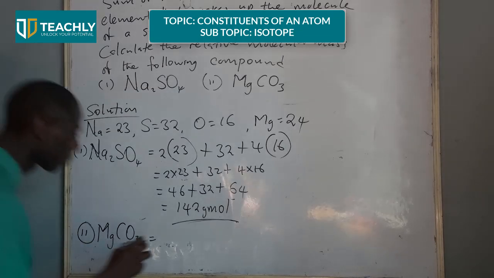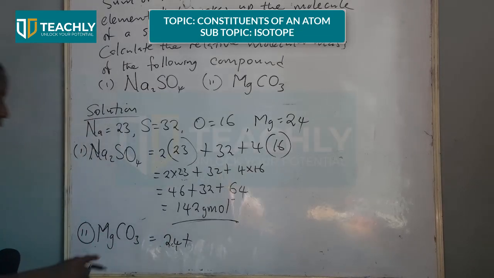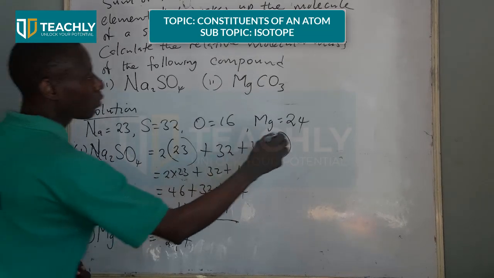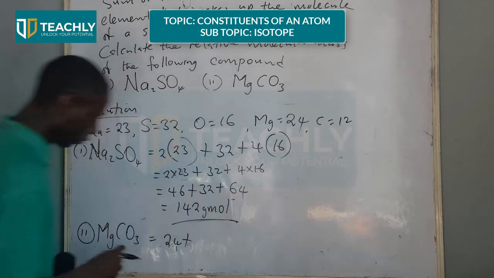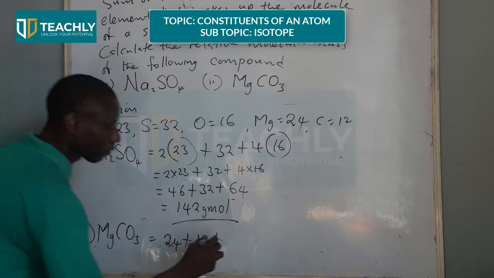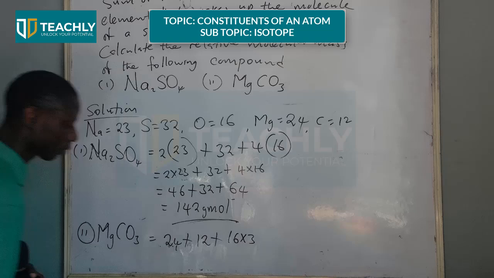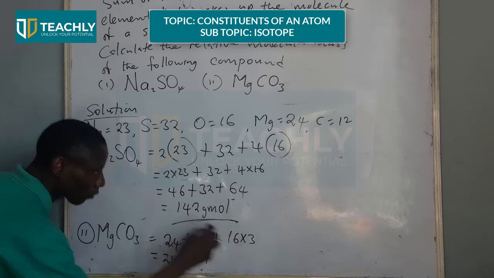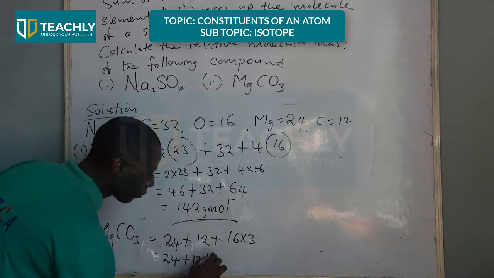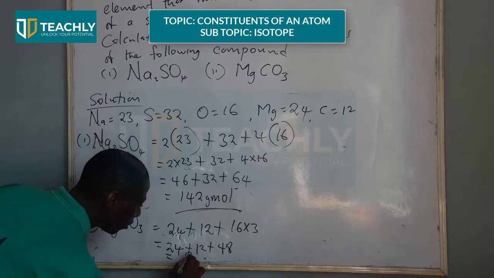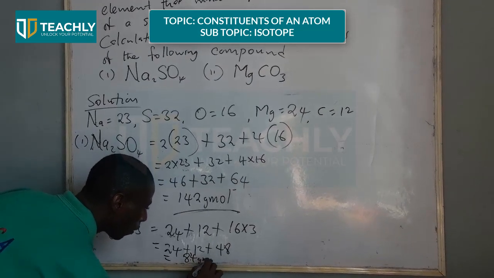So it's going to be 24 plus carbon, which is 12, plus oxygen, which is 16 multiplied by 3, that is 48. So we have 12 plus 48, that is 60. 60 plus 24, that is 84. Our final answer will be 84 grams per mole.